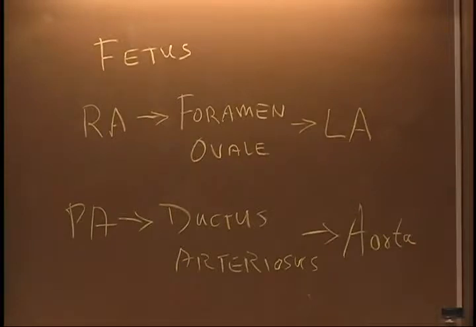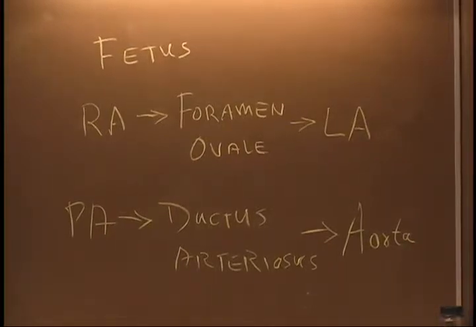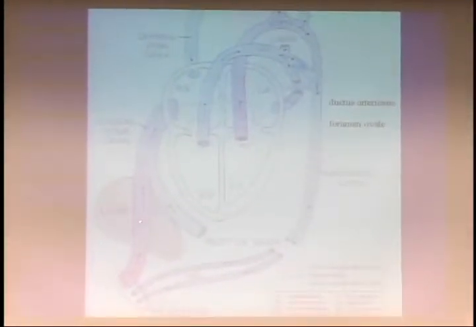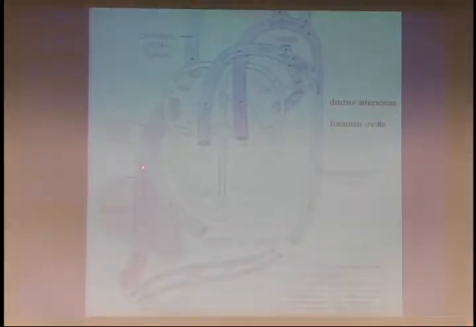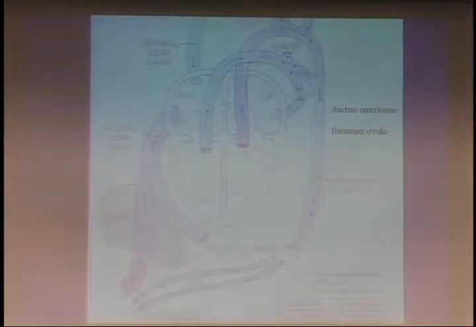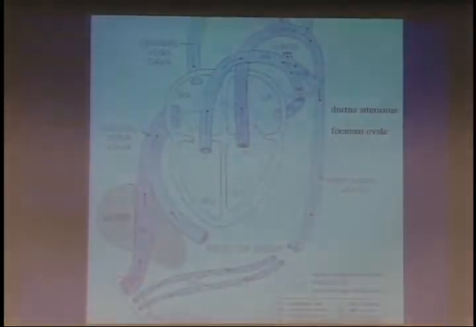But if we look at the slide, you can see what's going on in fetal life is that the oxygenated blood comes from the placenta, and as it flows back to the right side of the heart, instead of going through the lungs, it takes advantage of these bypass vessels or shunts.